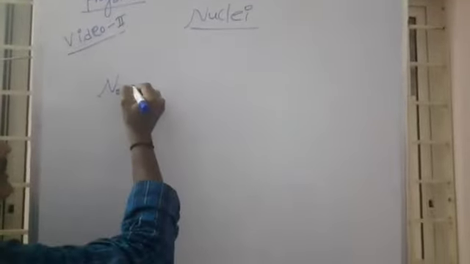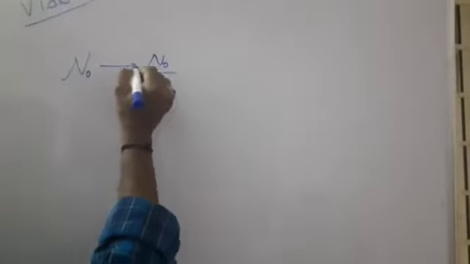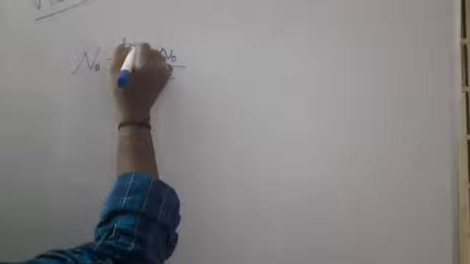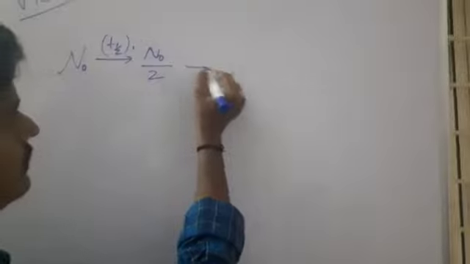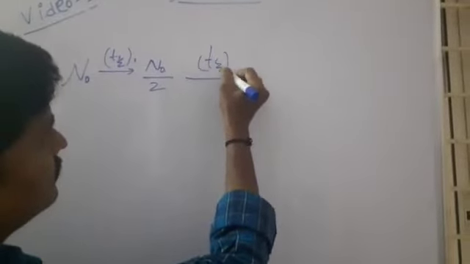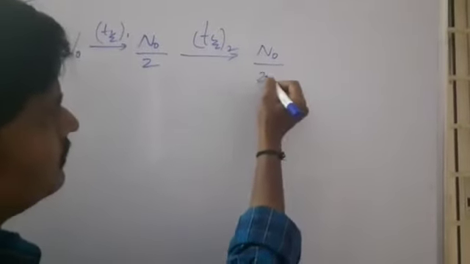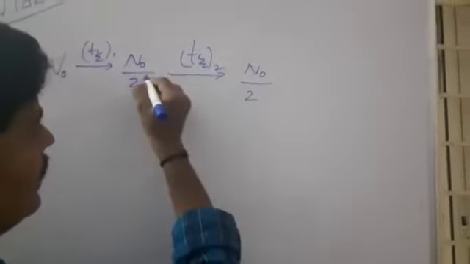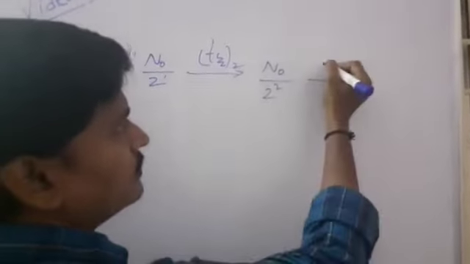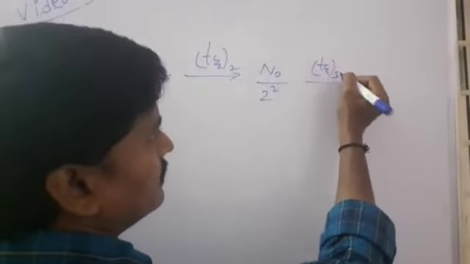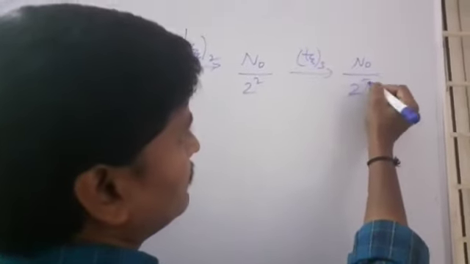The initial number of nuclei N naught becomes half in the time t half. After the second half-life, it is N naught by 2 to the power of 2. After the completion of the third half-life, it is N naught divided by 2 to the power of 3.